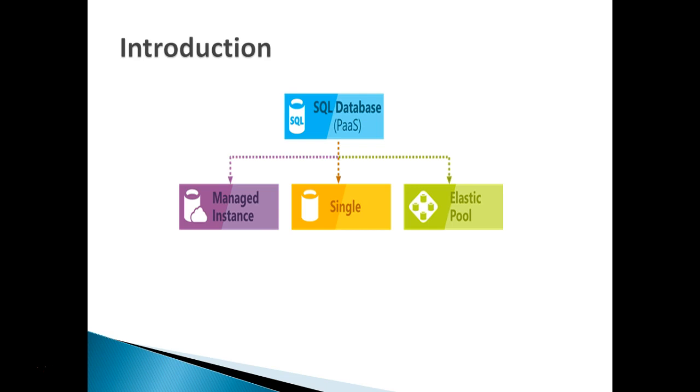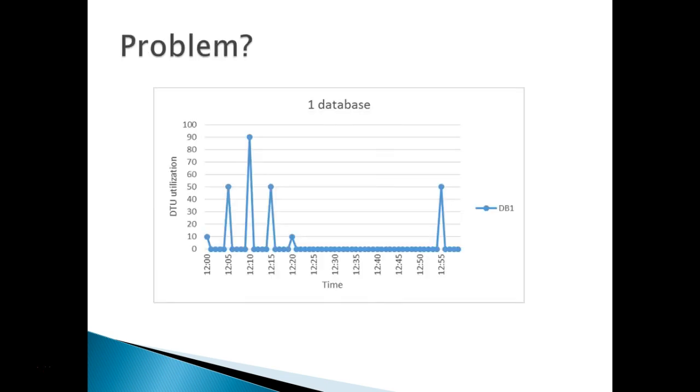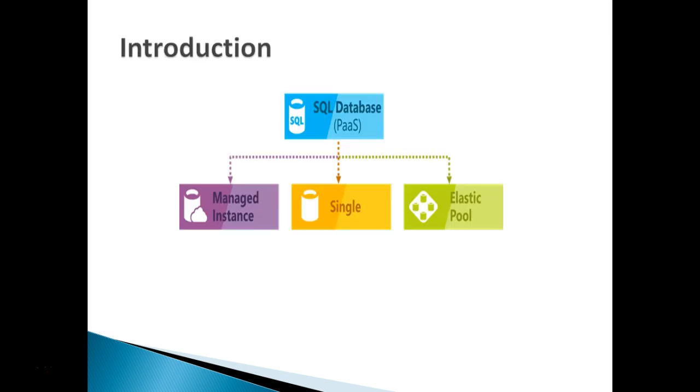Okay, so let's discuss the problem statement. Before that, let me repeat what an Elastic Pool is. An Elastic Pool is nothing but a collection of databases, and the resources are shared and managed by the SQL server. Now let me give some information about the single database.